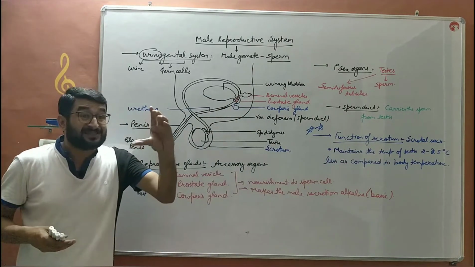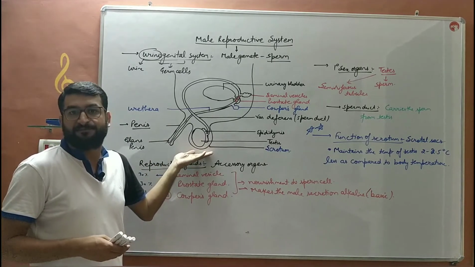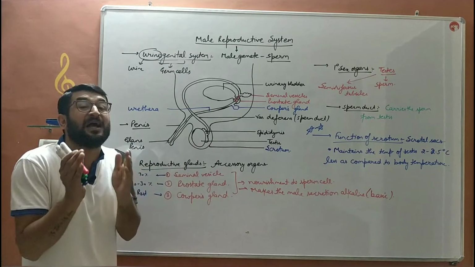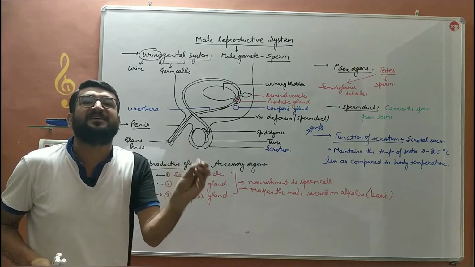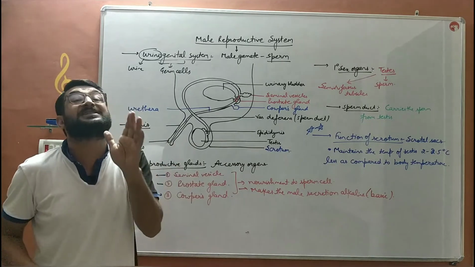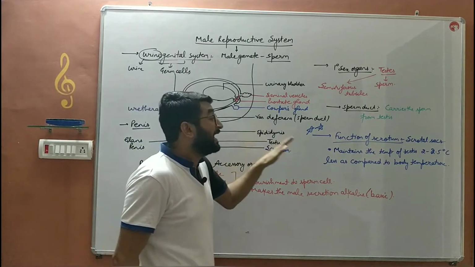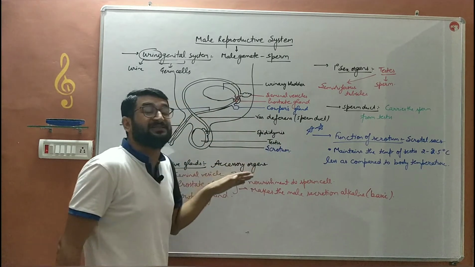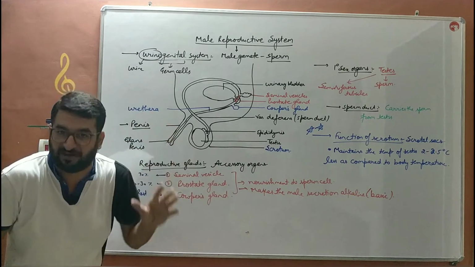So to maintain that lower temperature, the scrotal sacs are present. They maintain the appropriate temperature, that is 2 to 2.5 degrees Celsius less as compared to the normal body temperature, so that sperm production can take place very easily and at optimum or maximum level.